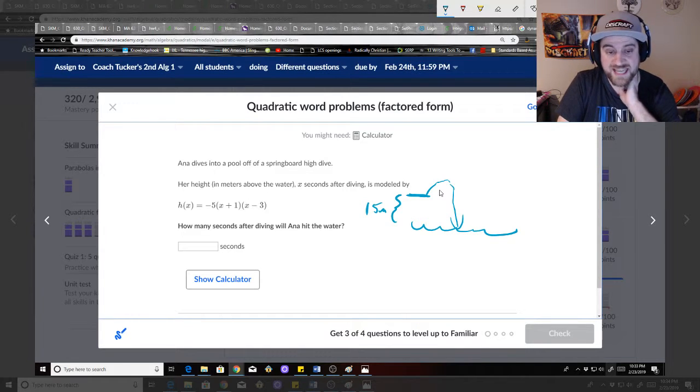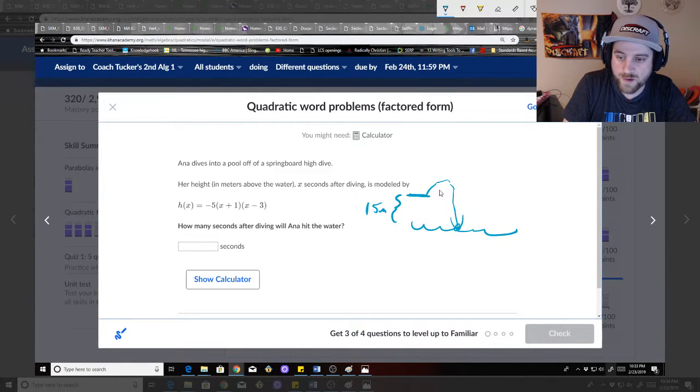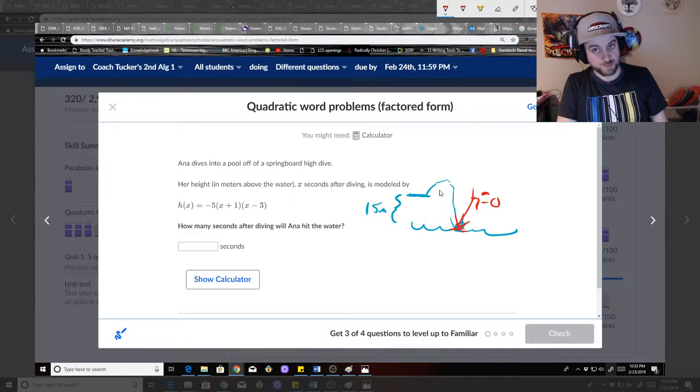It says, how many seconds after diving will Anna hit the water? So they want to know that number. When does that occur? When does the height equal 0? This is the zero product property.